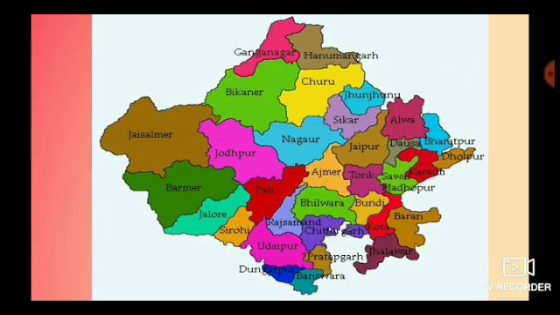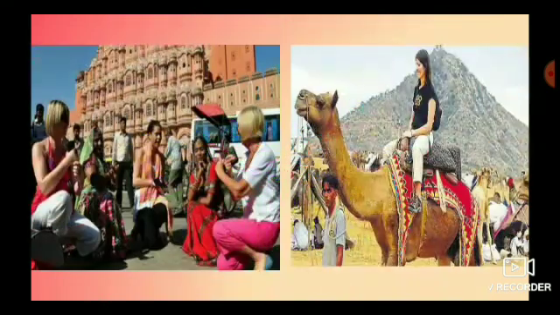Here I have shown you the map of Rajasthan, where you can find the cities in the Rajasthan state. A few cities in Rajasthan, I'm just naming at random, are Jaipur, Jodhpur, Udaipur, Chittorgarh, Jaisalmer, Ranthambore. They are popular tourist destinations in Rajasthan.